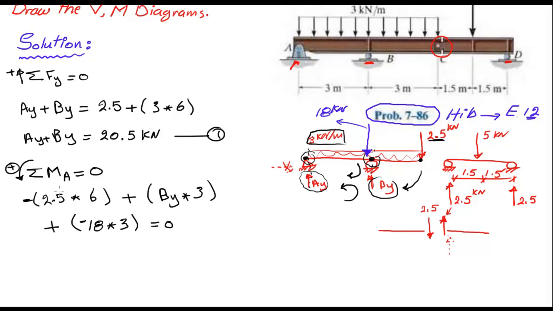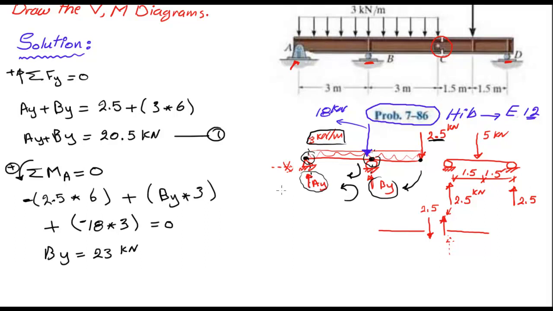So let's look at this equation again. We have negative 2.5 times 6, plus BY times 3, plus negative 18 times 3, and if I solve for BY, BY will equal 23 kilonewtons. You can do this on your own. Let me scroll down a bit here.